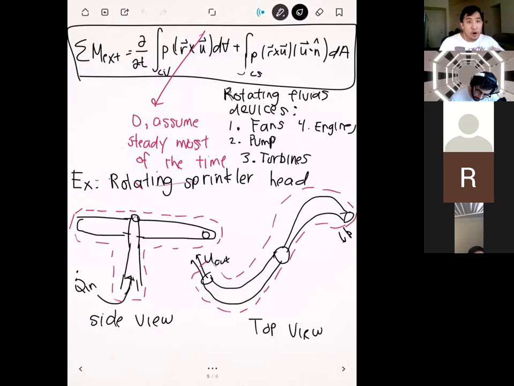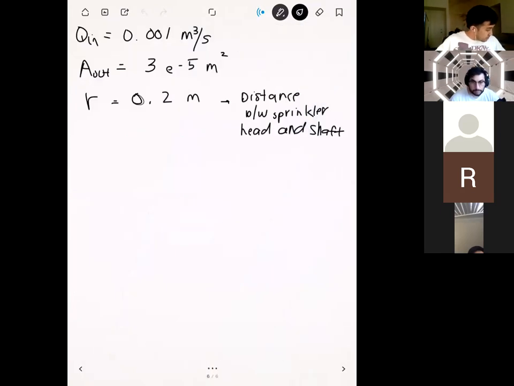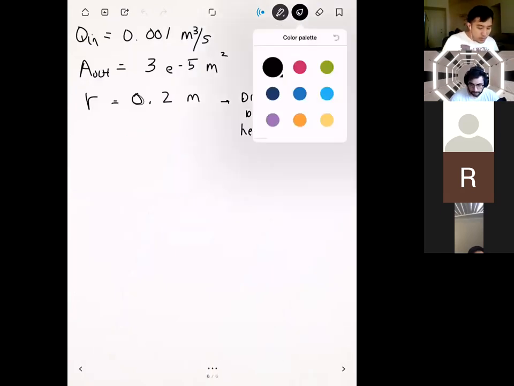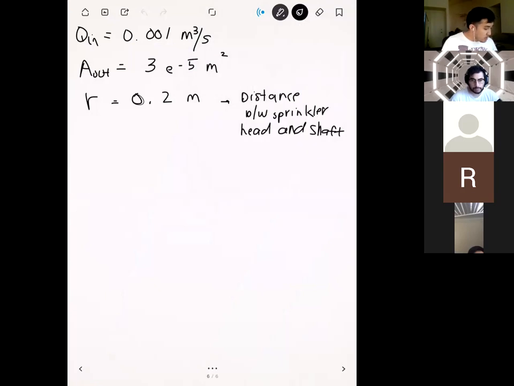And that R value that I just mentioned will be this distance right here, the distance from the shaft to the outlet. So that's basically going to be our moment arm that we apply in angular momentum.